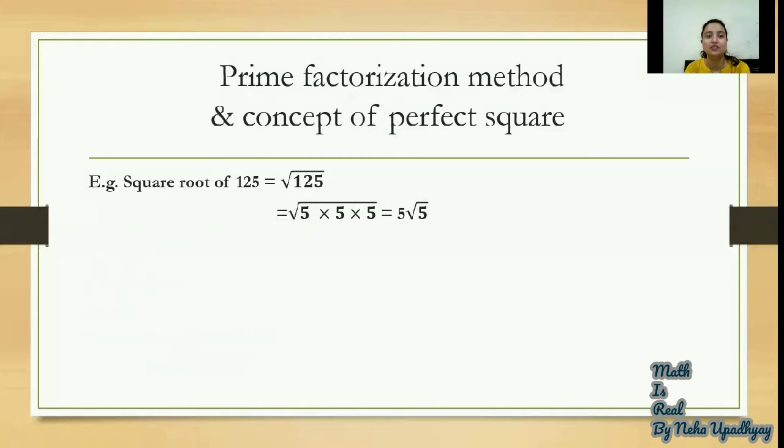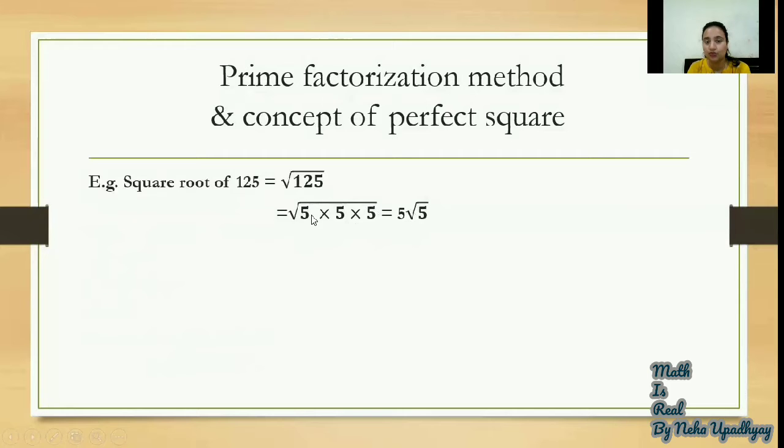Look here. Let's find the square root of 125. So I have taken 125 and this is the sign of square root, and the factorization of 125 is 5 multiplied by 5 multiplied by 5. And the rule of the square root is when two terms make a pair, one term will come out. And the term which is not able to make a pair will remain inside the square root.